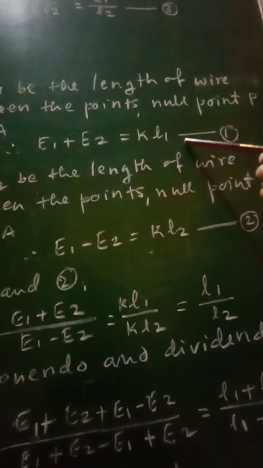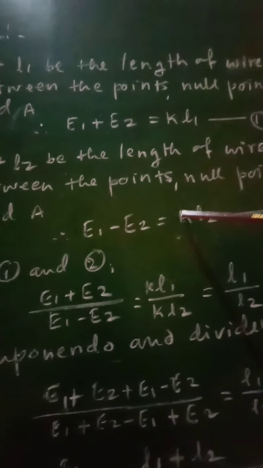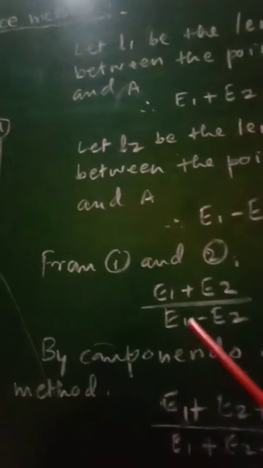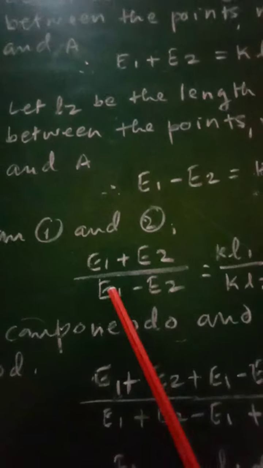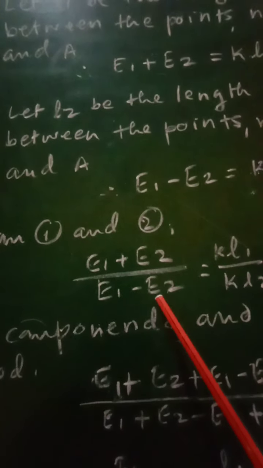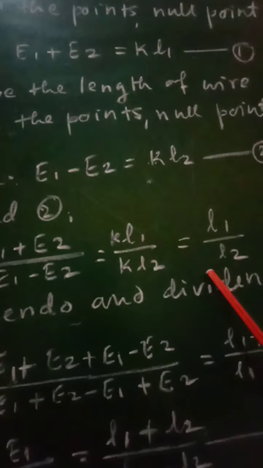So in the first case the cells were connected by the sum method, and in the second case by the difference method. From equations 1 and 2, taking the ratio, E1 plus E2 upon E1 minus E2 equals KL1 upon KL2, which equals L1 upon L2.